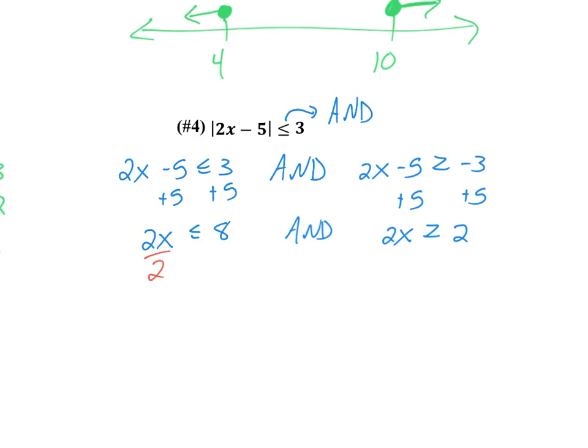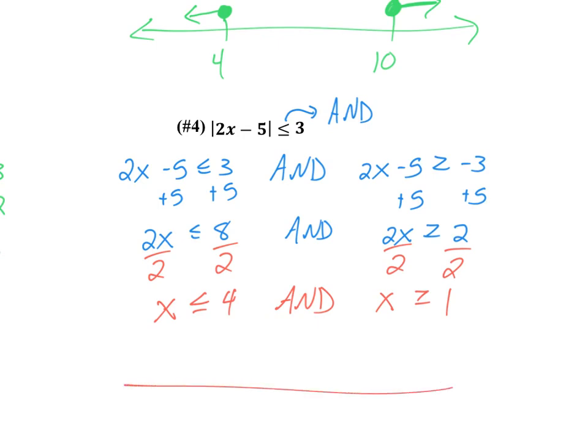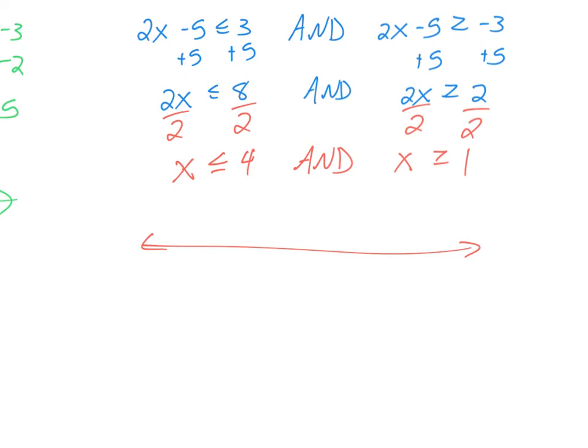Then we divide by 2 to get x is less than or equal to 4, and x is greater than or equal to 1. Make your number line and put your numbers on there. 4 is bigger than 1.